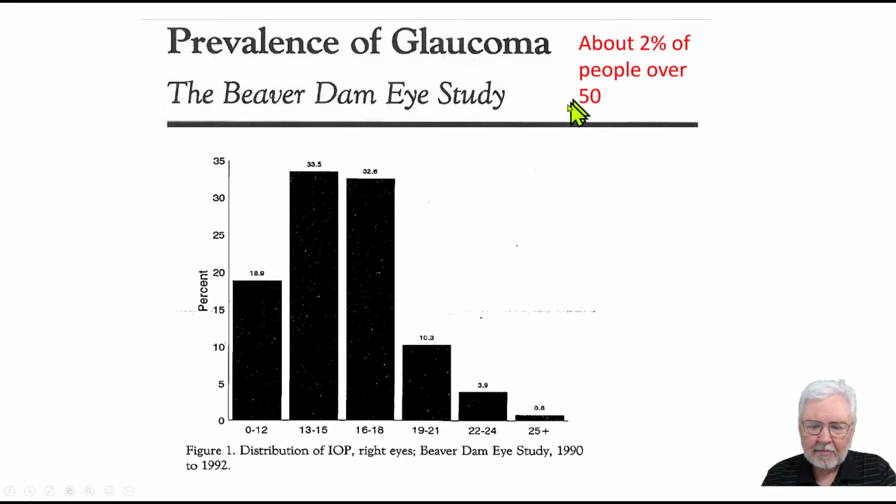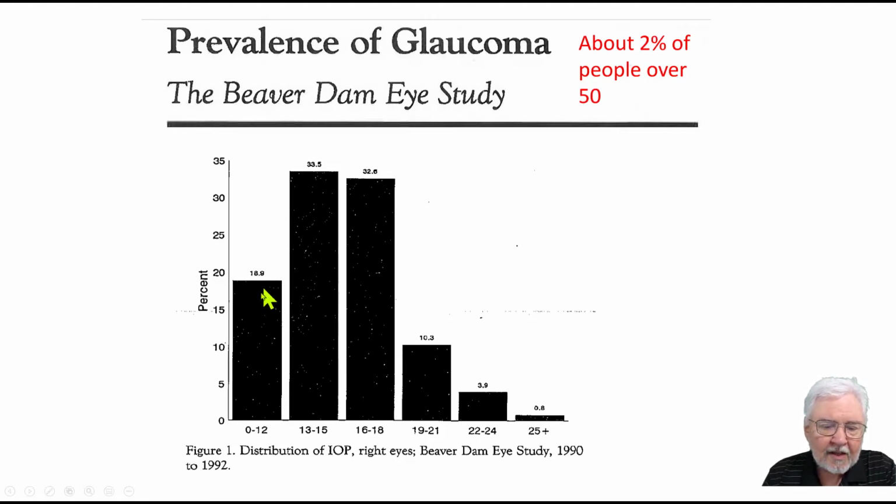Now, about 2% of the people have glaucoma. If we look at this graph, it looks like the distribution is skewed because it looks like it's trailing off to the right. But if we look more carefully, we can see that these three bars contain 10.3 plus 3.9 plus 0.8, or about 15% of the cases.